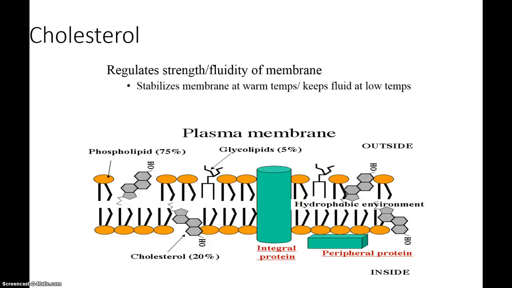Cholesterol is another part of the plasma membrane that we will find. Cholesterol is important because it regulates the strength and fluidity of the membrane. If you remember, cholesterol is a steroid, which is another type of lipid, and steroids were the only ones that had rings.